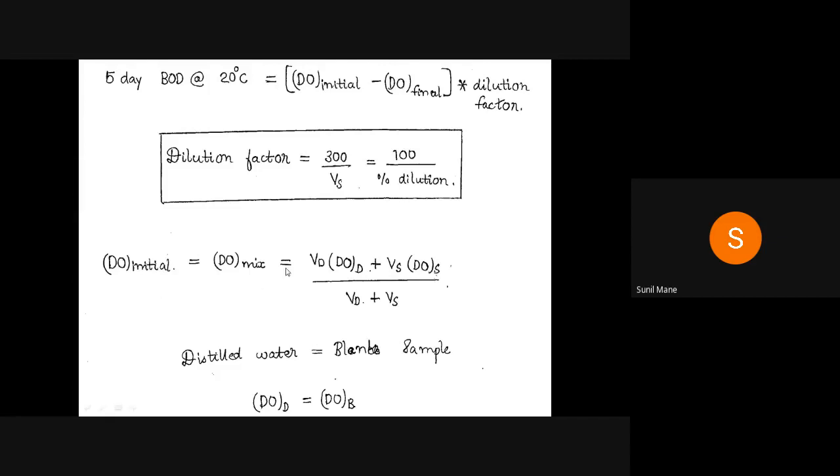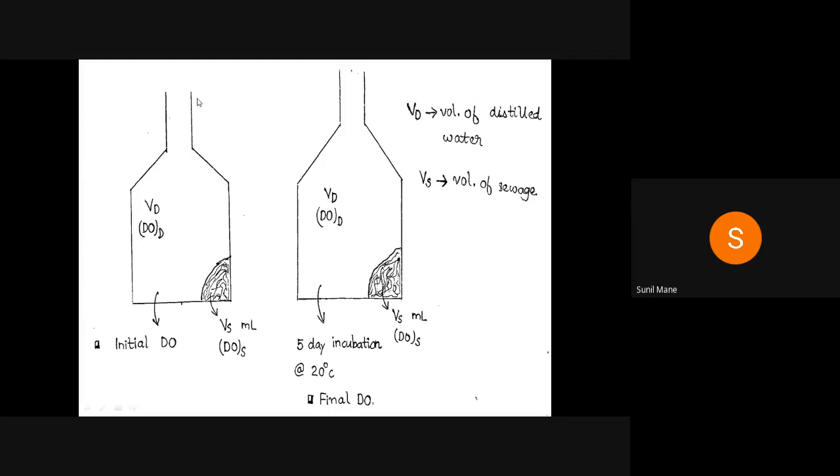Right now the dissolved oxygen of the mix is calculated as the volume of distilled water multiplied by the dissolved oxygen of distilled water, plus the volume of sewage multiplied by the dissolved oxygen of that particular sewage, divided by the volume of distilled water plus the volume of sewage. By this formula it is quite possible for us to calculate the dissolved oxygen of the mix. So the dissolved oxygen of the mix means this one.